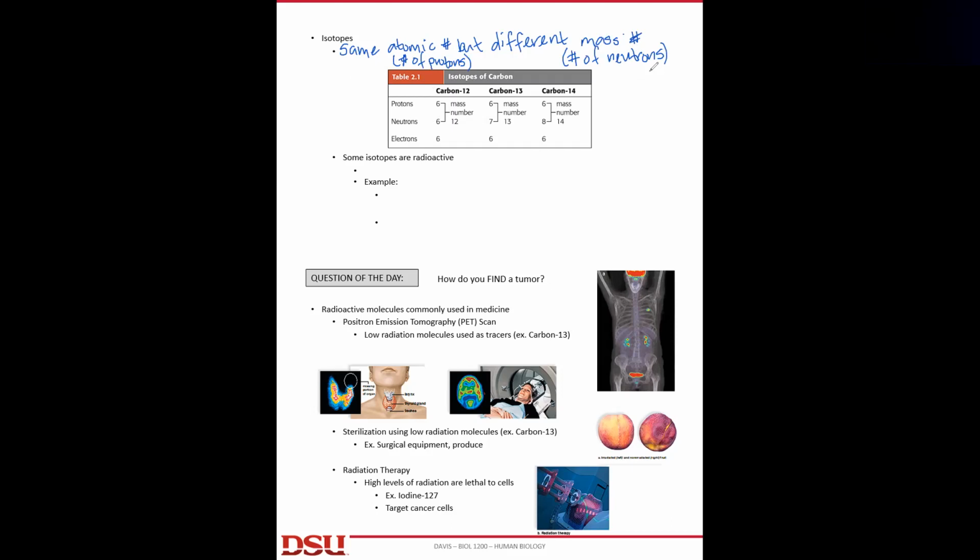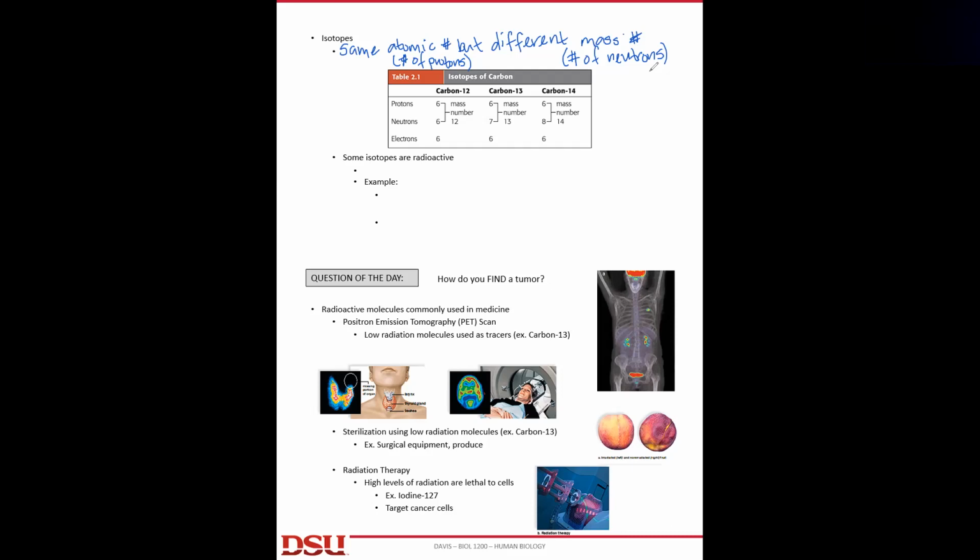So shown here are isotopes of carbon. Carbon-12 is your standard atom. It has 6 protons and 6 neutrons with a mass number of 12, 6 electrons, no charge. Carbon-13 is an isotope.